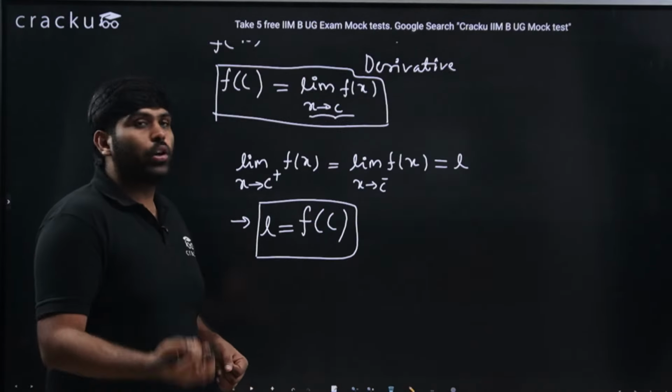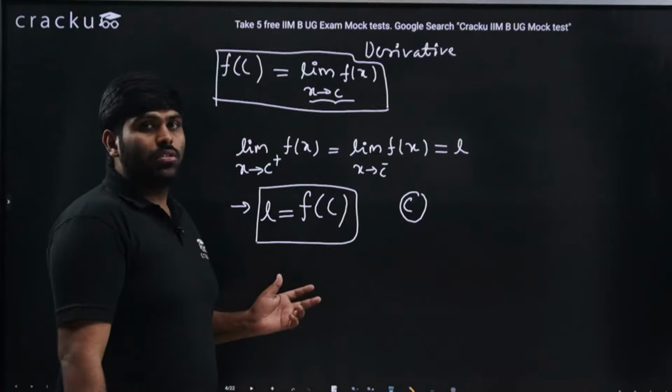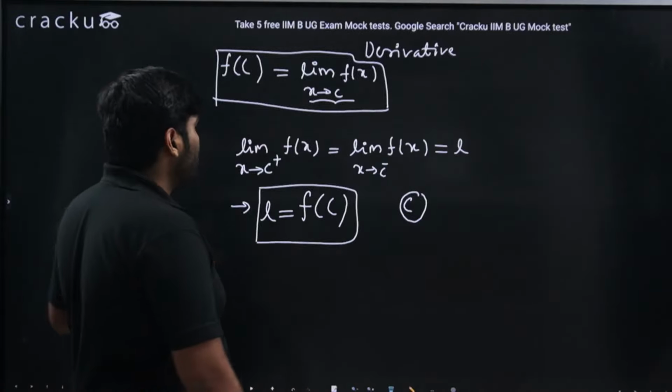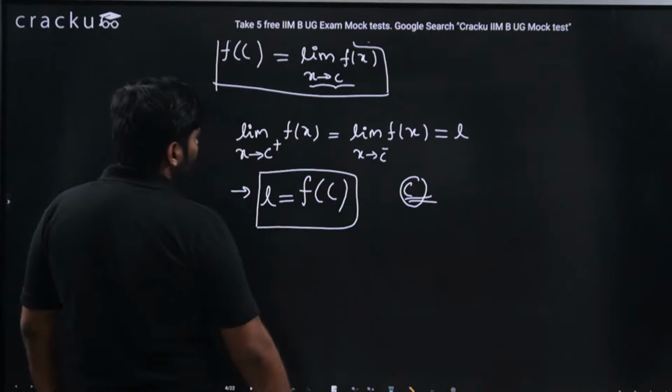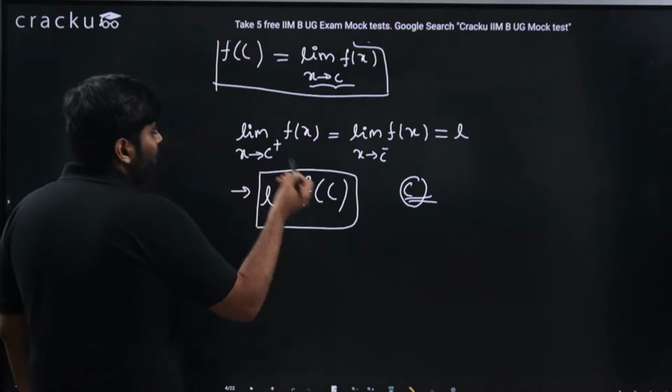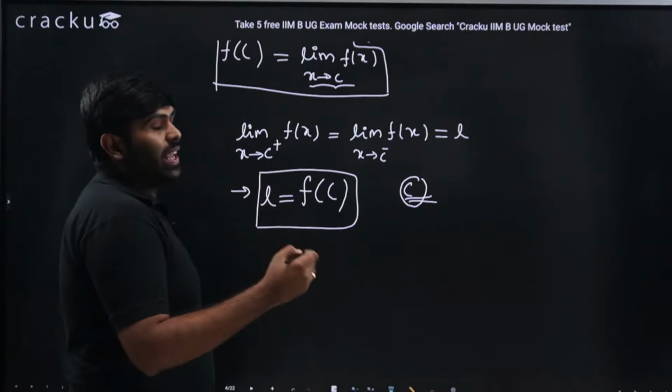When I talk about all this, please understand that it is implicitly said here that point c is in the domain of f of x. Else f of c is not even defined, right? Sometimes, if c is not in the domain, you would still be able to find limit x tends to c plus f of x and limit x tends to c minus f of x.